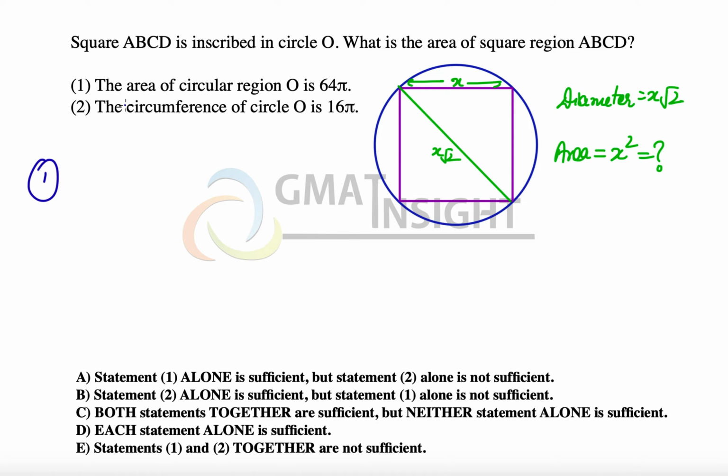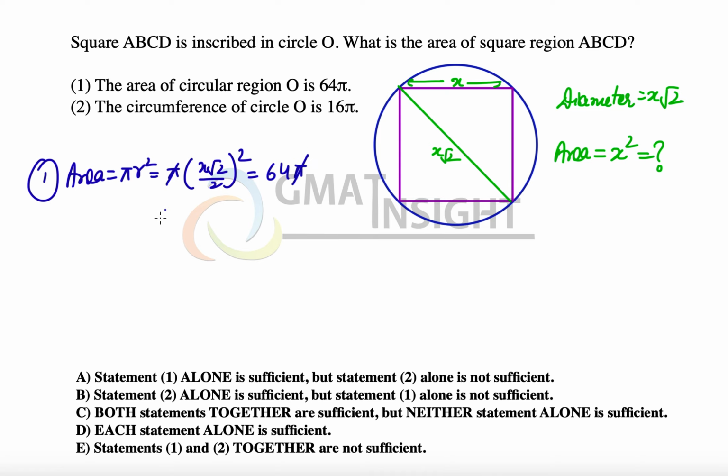The first statement says that the area of the circular region O is equal to 64 pi. Now since we know the diameter of the circle is x root 2 and the area is equal to pi times the radius squared, we can say it is pi times (x root 2 divided by 2) squared, and it is given as 64 pi.